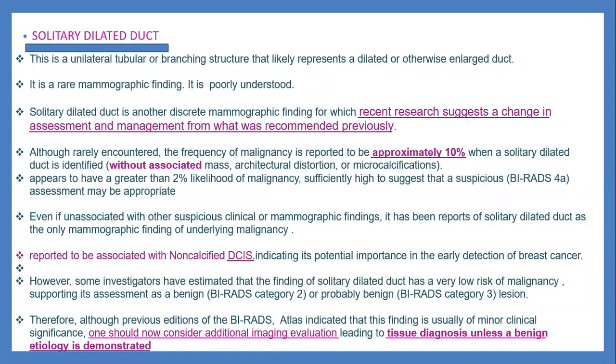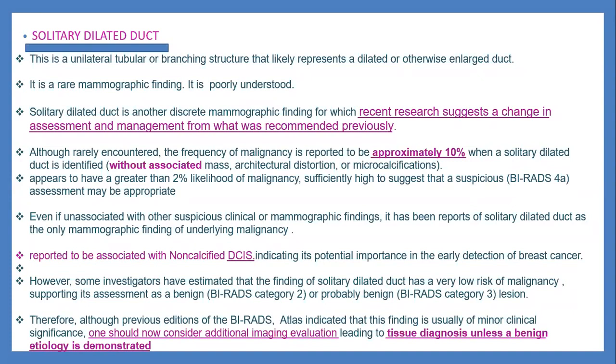Why? They found the risk of malignancy is approximately 10% for the solitary dilated duct without other associated features, without associated mass, without architectural distortion or microcalcification, the risk approaching 10%. So it is BI-RADS 4, at least 4A.